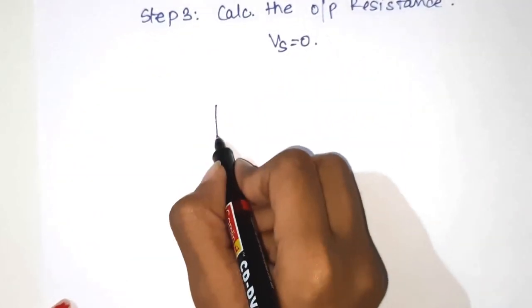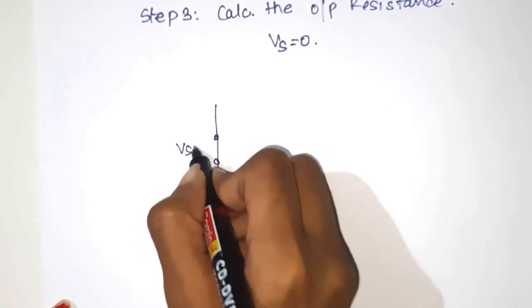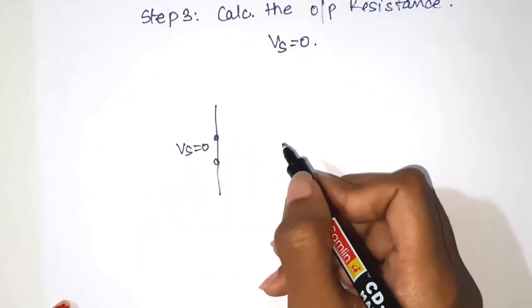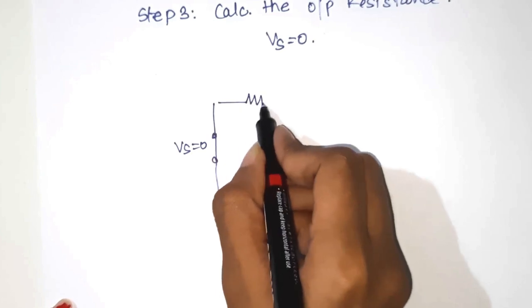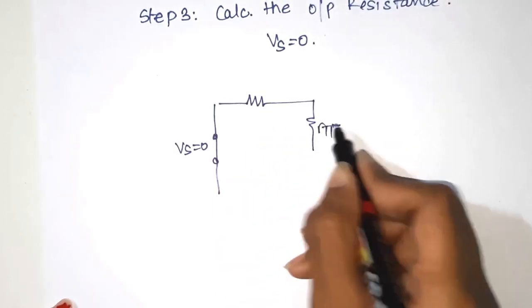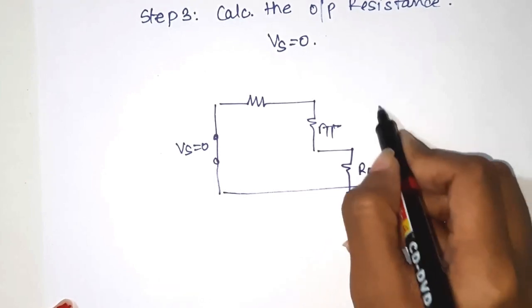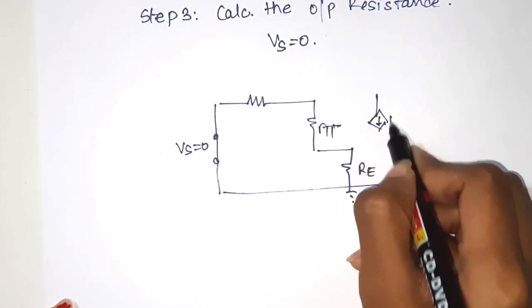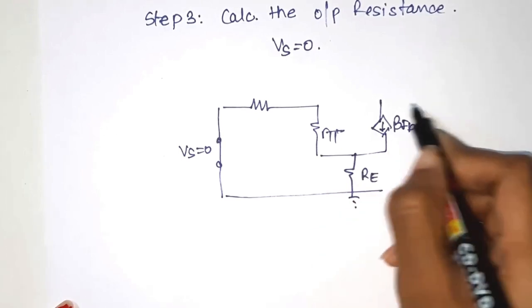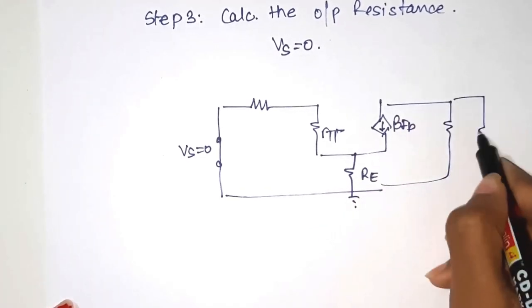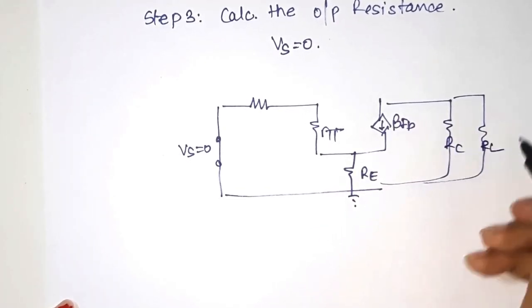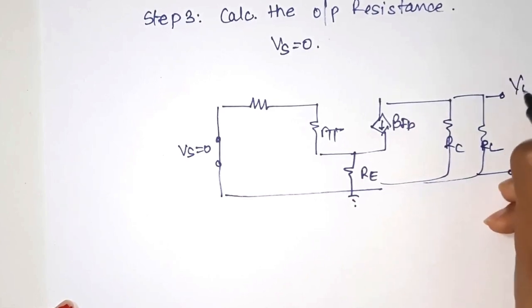So what happens is, our voltage source Vs is equal to 0 over here, right? Now we have the resistances: we have R pi, then we have Re, since it is unbypassed, we have beta Ib over here, correct, then we have again Rc, we have RL, and then we have the output over here, VO.